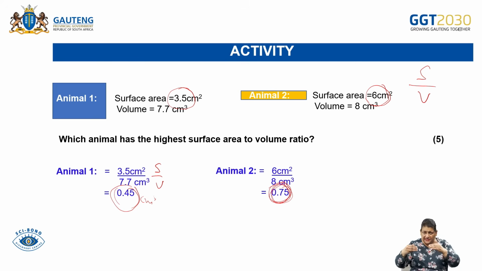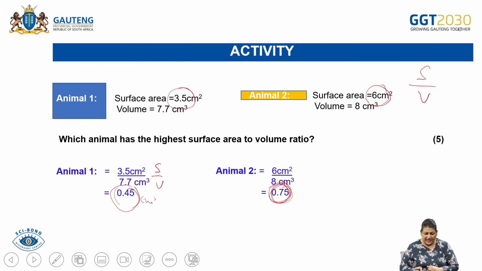So although it may seem like it's 8 centimeter, there's more surface compared to this one. This one is occupying almost 8, but its surface is smaller. So therefore, if you work it out, animal 2 has a larger surface area to volume. The size from which oxygen can enter is greater.